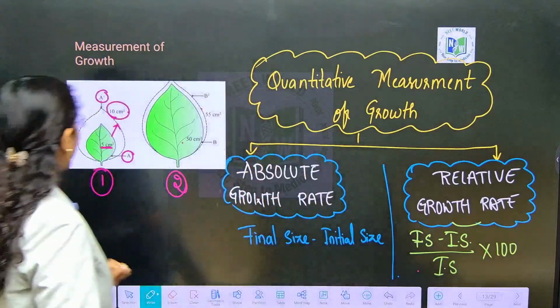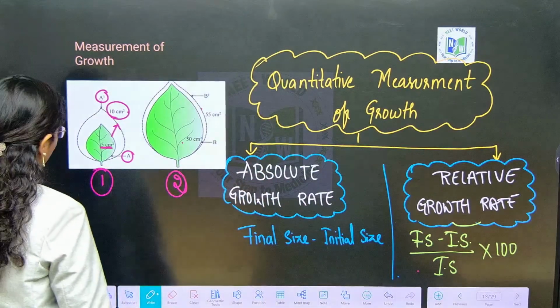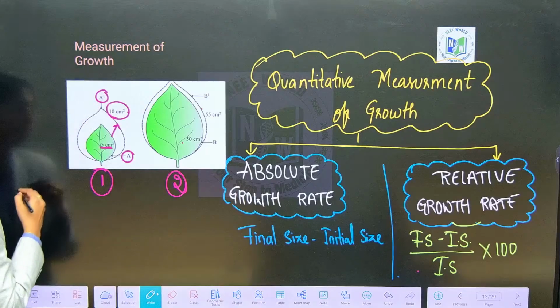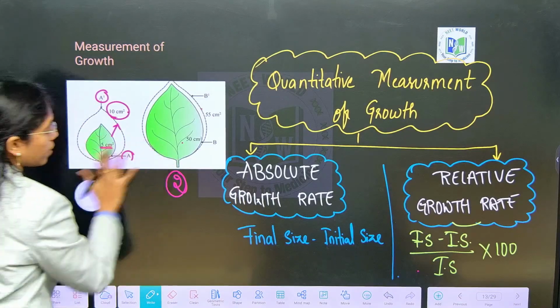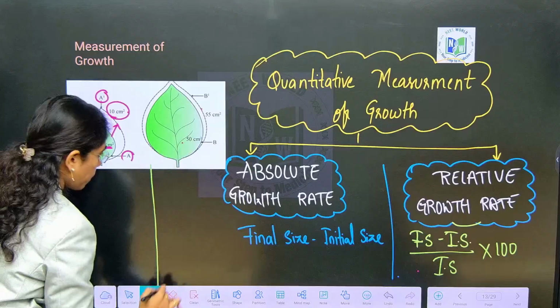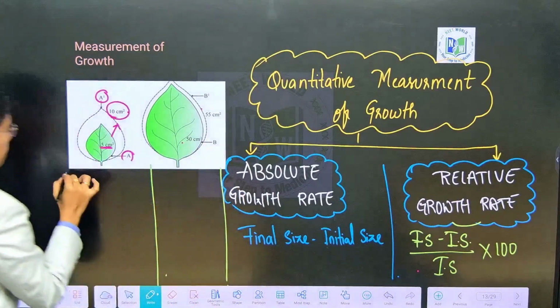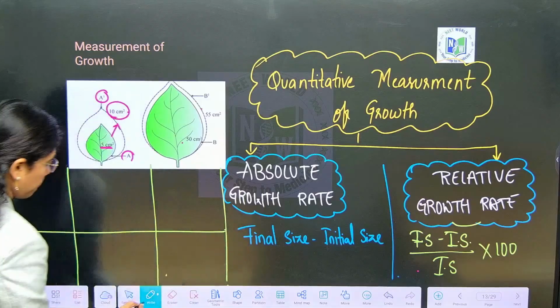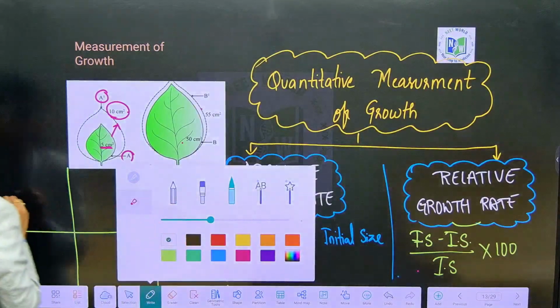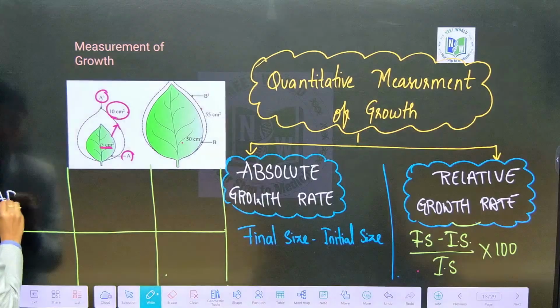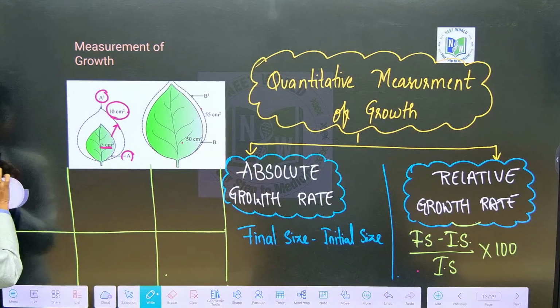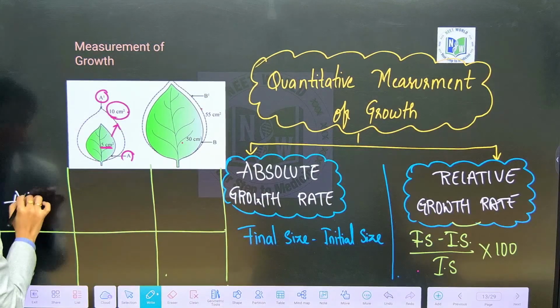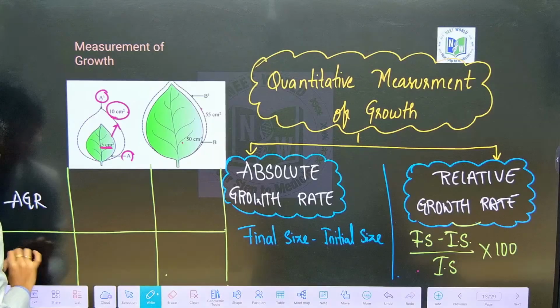Okay. So, here you observe first the absolute growth rate of leaf 1, the first leaf. Look at here carefully, absolute growth rate and relative growth rate.